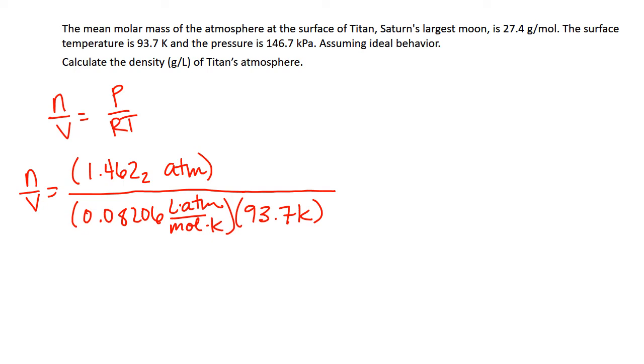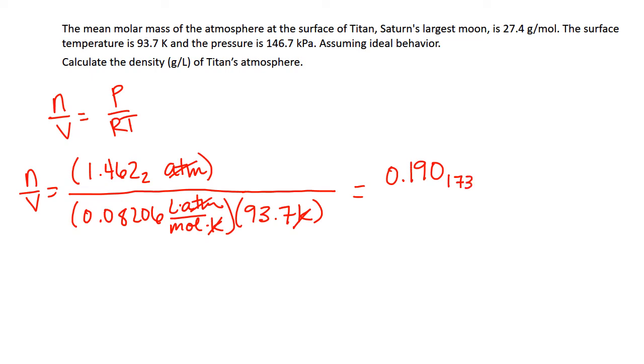Okay, so I've got my pressure, my R, and my T. When I calculate this out, atmospheres are going to cancel atmospheres, K is going to cancel with K, and liter times mole is at the bottom. So when I get my number, those units basically flip, and I get 0.190. This number right here has 3 significant figures, so my answer should have 3 significant figures, but I'm going to carry those on a little bit.